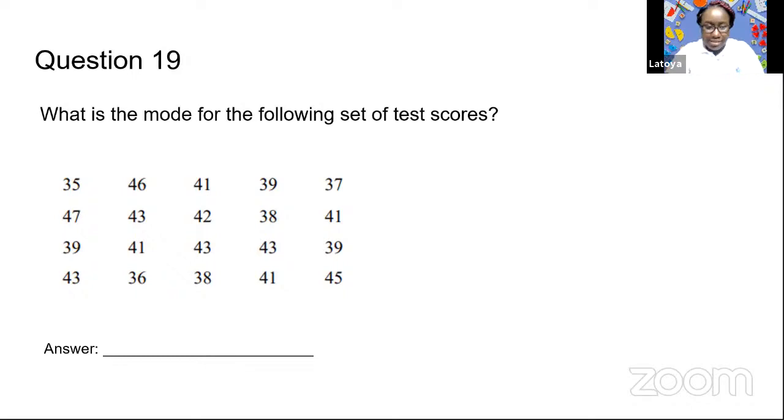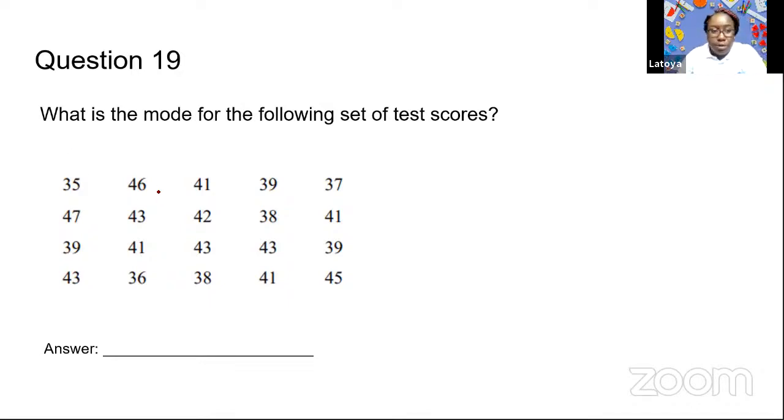Mode is the highest. When you say the highest, what do you mean? I'm looking for the specific answer. The mode is the number that appears the most. It is the most frequent number.